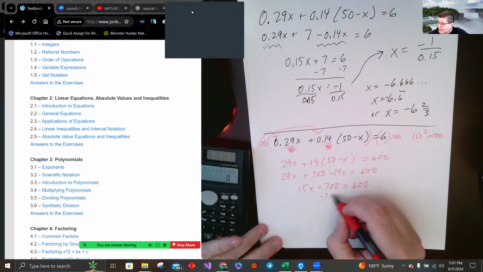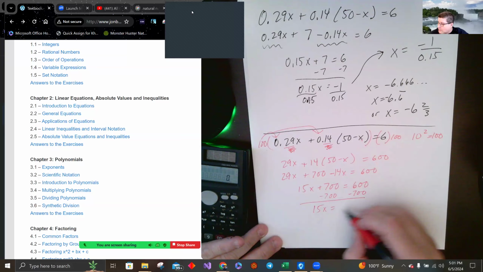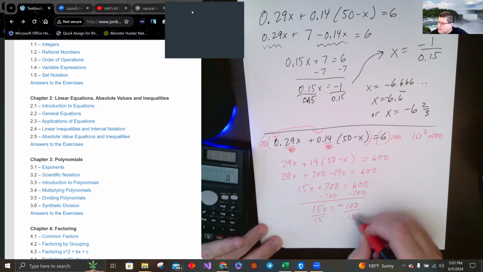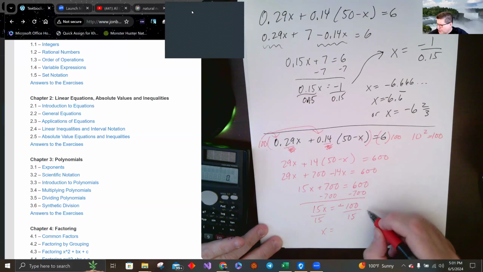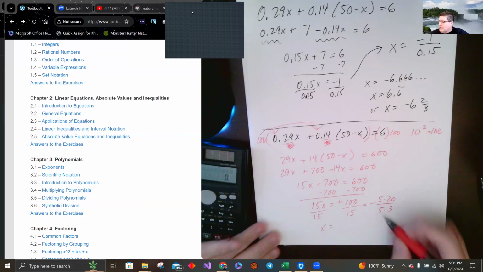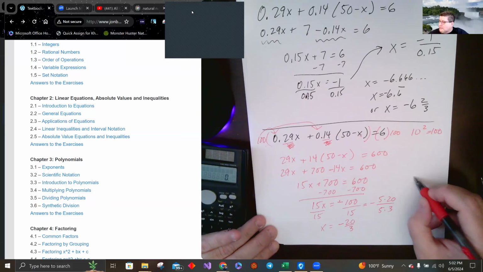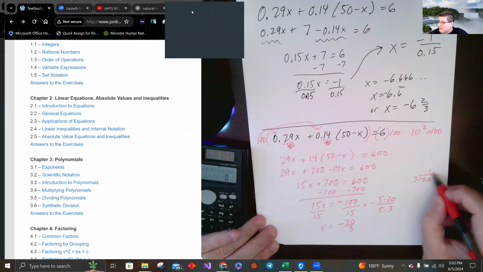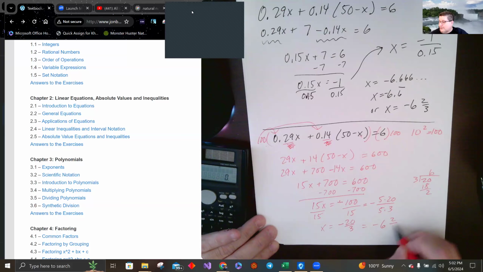Subtract. 100 is 5 times 20, and 15 is 5 times 3. So this is -20 over 3. Which is -6 2/3.